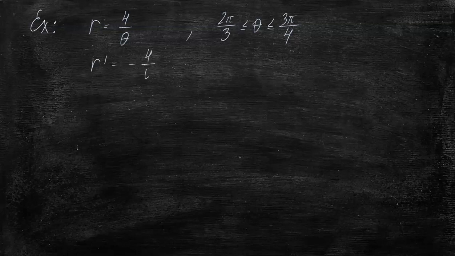This time we're not going to integrate it by hand. We are going to just set up the integral and use technology to evaluate it. So again, the question is to find the arc length of this curve on this interval. And we're going to set up the integral. So first we're going to find r prime, which is negative 4 over theta squared, and we're going to set up the integral.